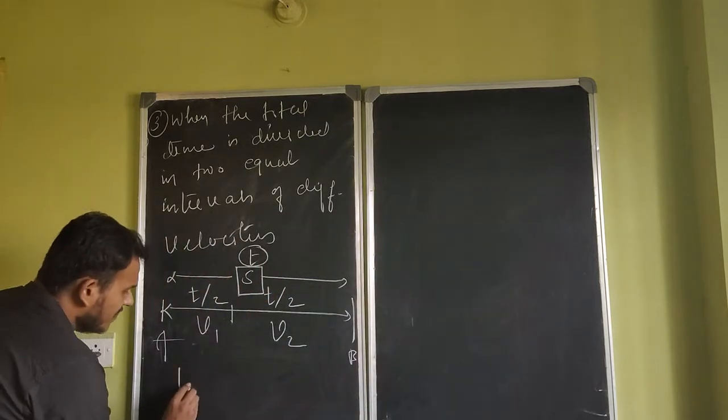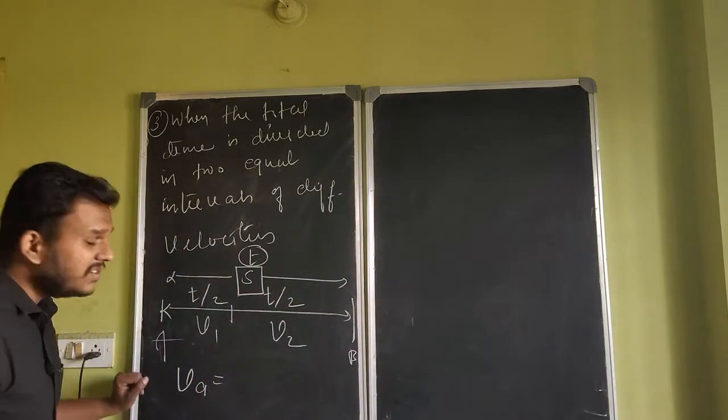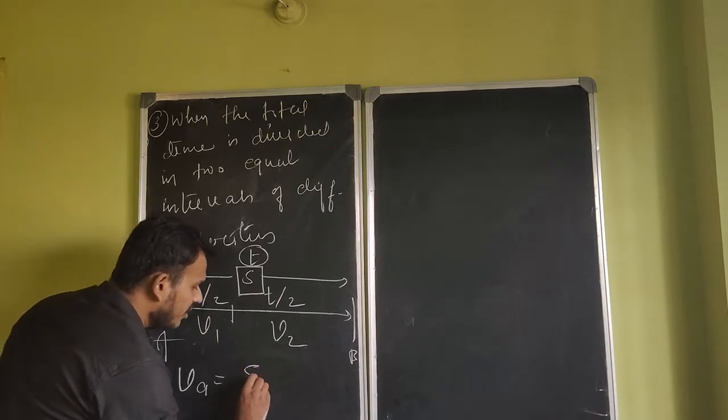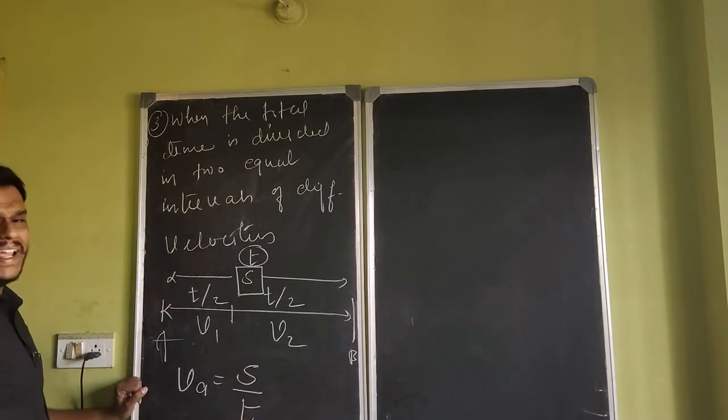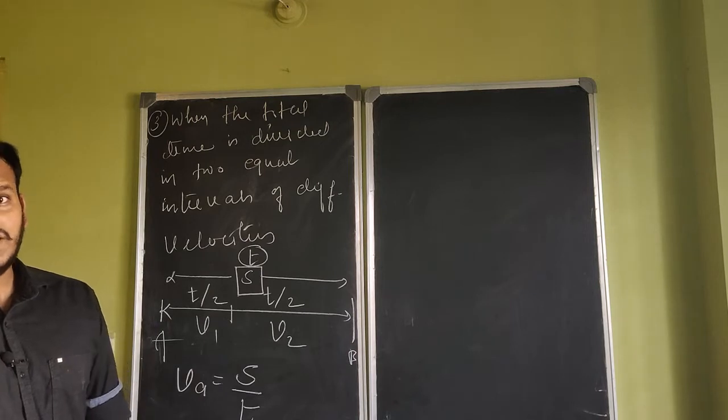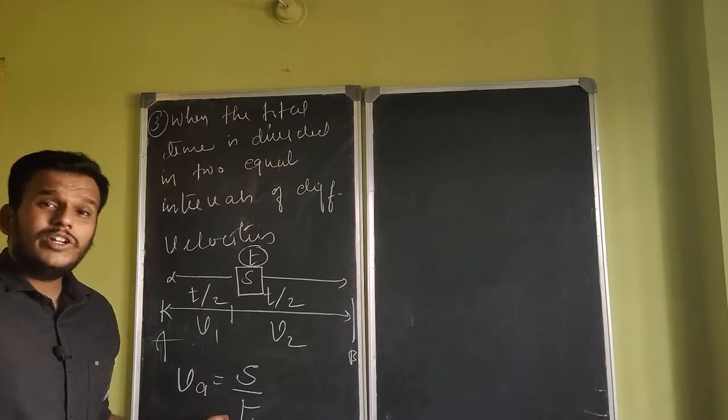The definition of average velocity has not changed in the last 5 minutes, right? So average velocity is again total displacement divided by total time, S by T. Here I already know what T is going to be equal to.